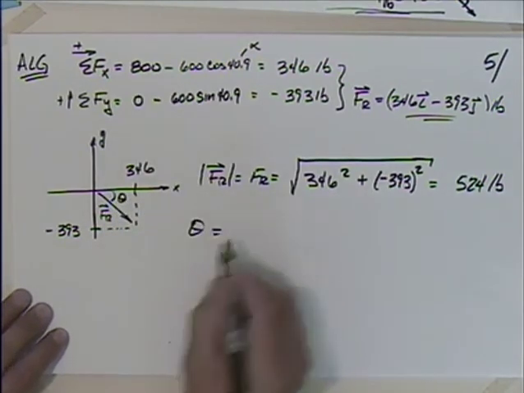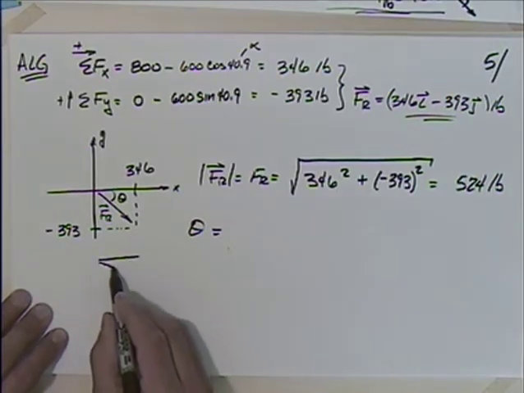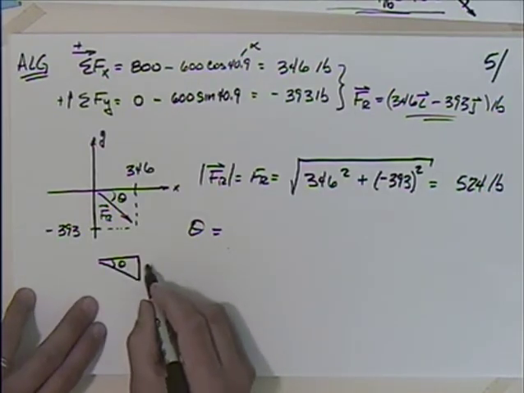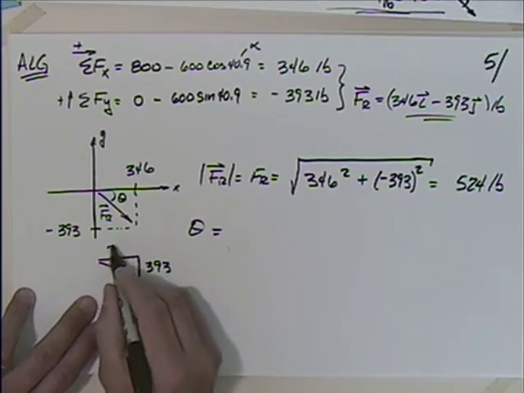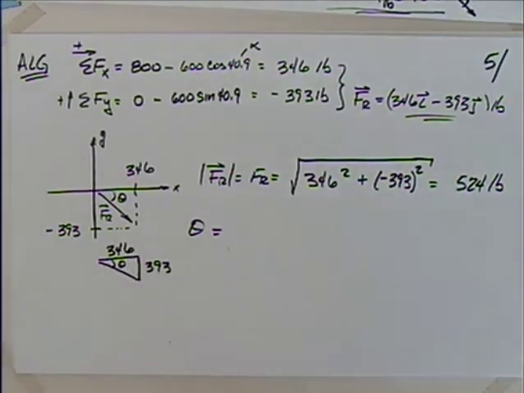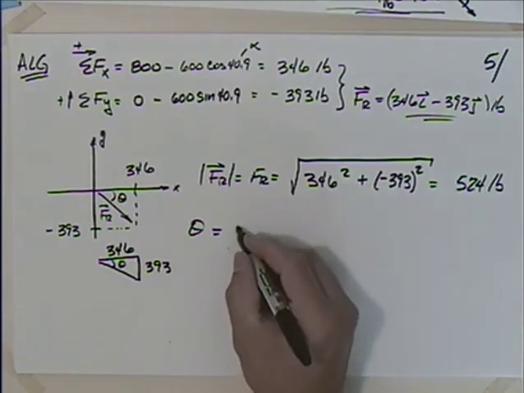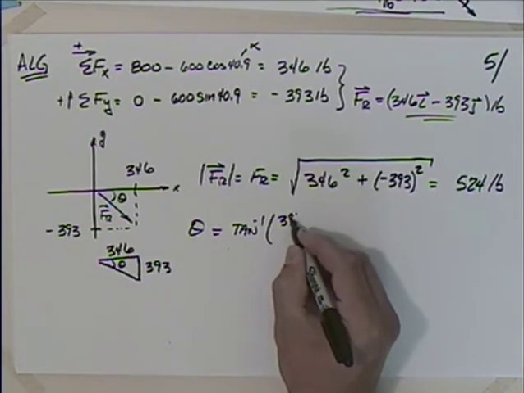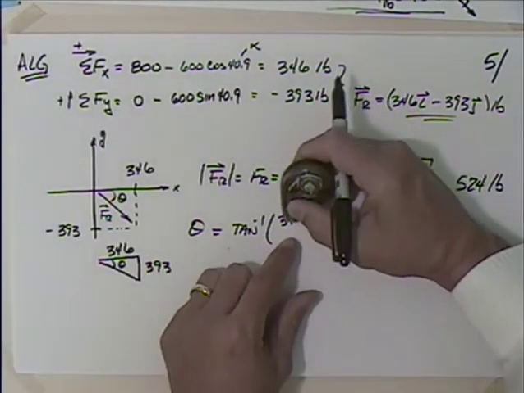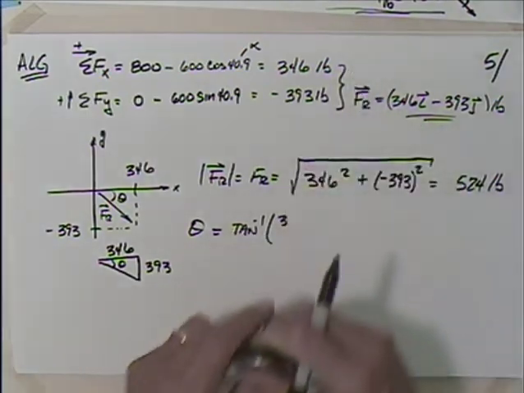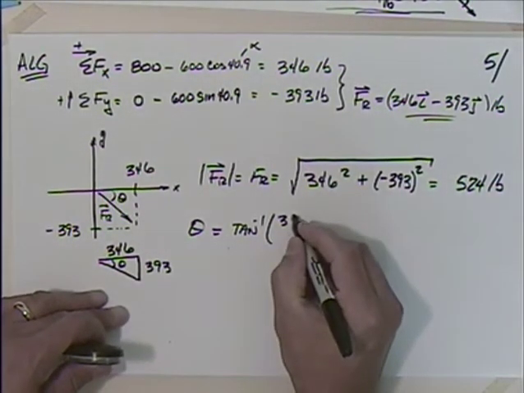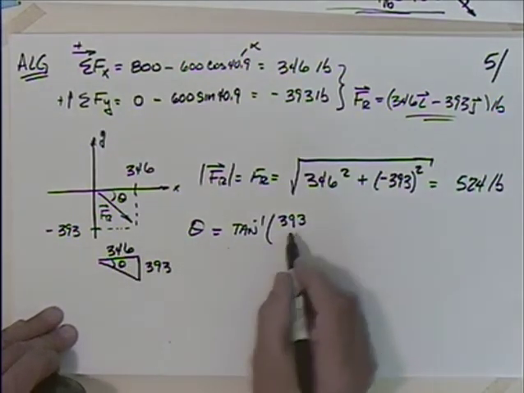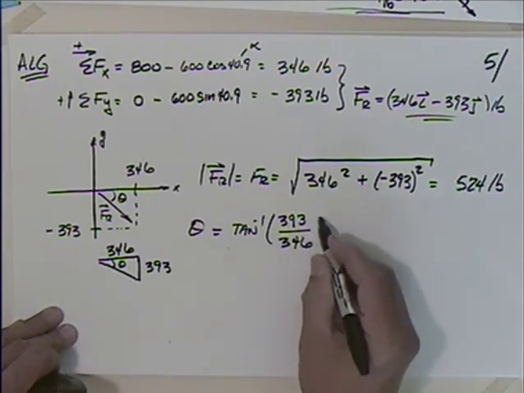I'm starting to look at this now as just a triangle. Instead of hassling with the negative signs and whatnot, I always just look at this as a triangle. This is 393. This is 346. And we just look at our trig identities. Theta is the inverse tangent of the opposite side, which is 393, over the adjacent side, 346.